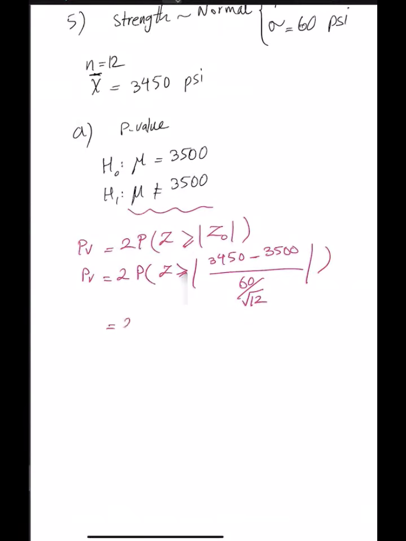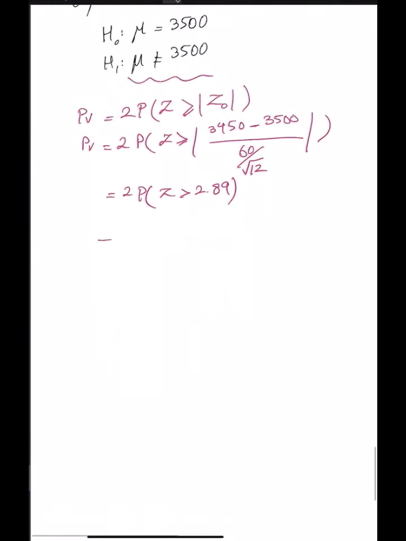That's going to be 2 times the probability of z greater than 2.89, which equals 2 times 1 minus the probability of z less than 2.89.